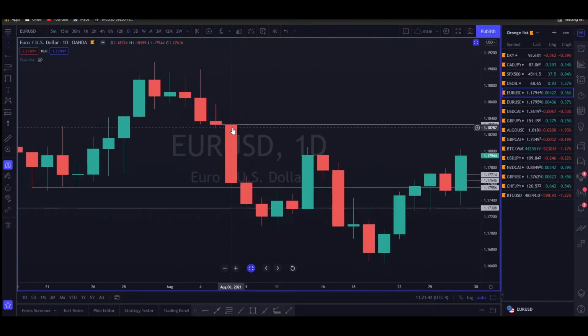See the little wick to the open? That's your short entry to the downside. It doesn't always work, because it can go higher. It can go all the way back up to this price here, because that is your high level. This is your supply. So price can technically trade all the way back up to there.